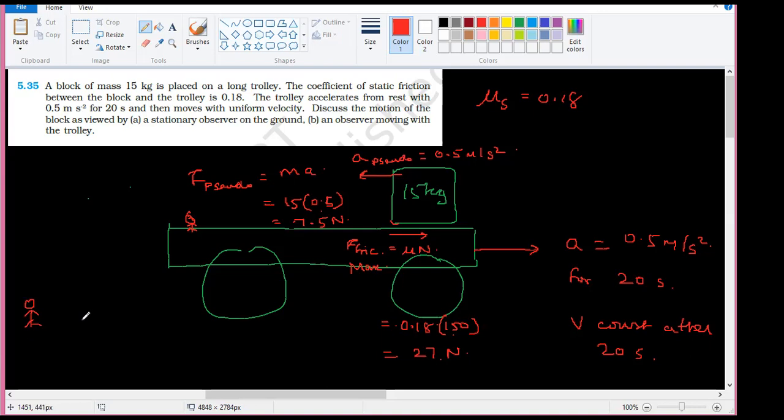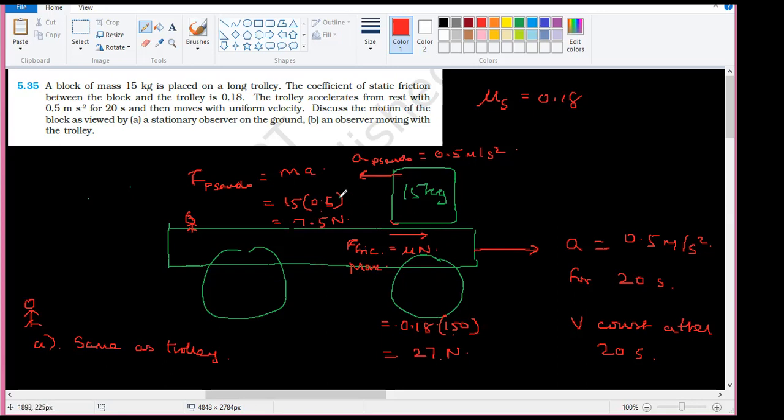So you should say that, same as the trolley, it will be going forward along with the trolley. Anybody not following this, please ask me.